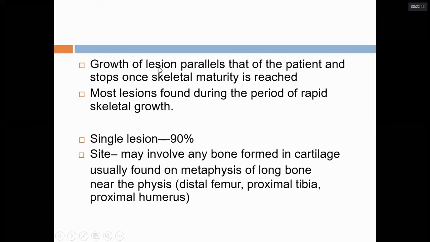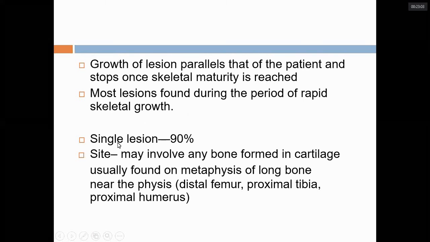The growth of the lesions parallels that of the patient and stops once skeletal maturity is reached. So it's not a true tumor. It grows as the patient grows, and once the patient becomes mature, it stops. Most lesions are found during the period of rapid skeletal growth.